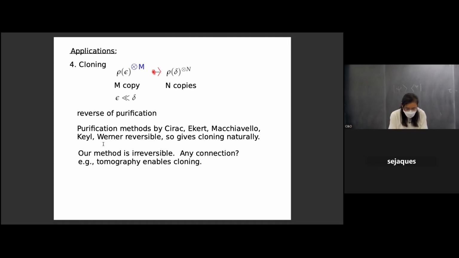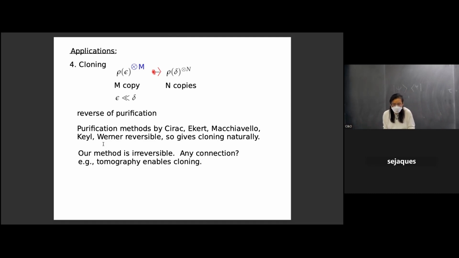So these are reverses of one another. The original method by Cirac, Ekert, and Macchiavello, and the one by Keyl and Werner are reversible. So when they purify, they also learn how to clone. Our method is not. That is a little unfortunate.